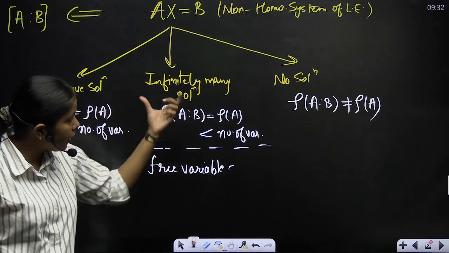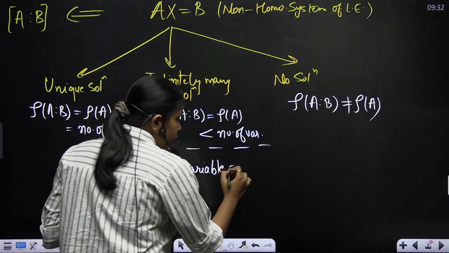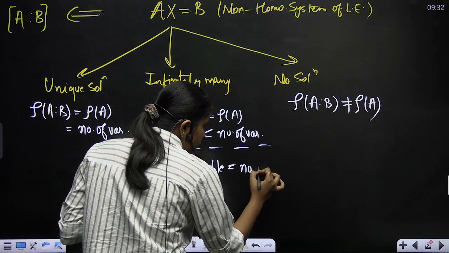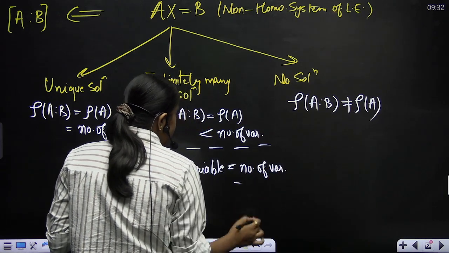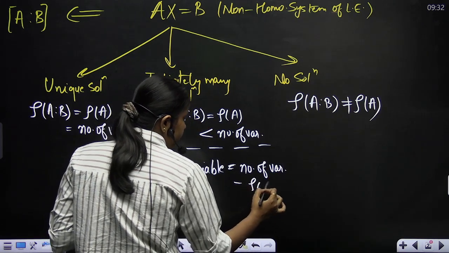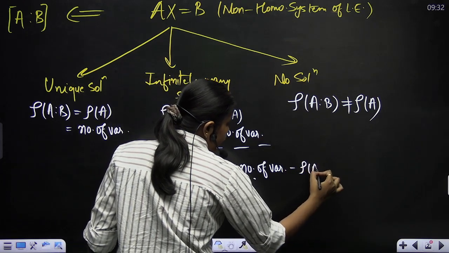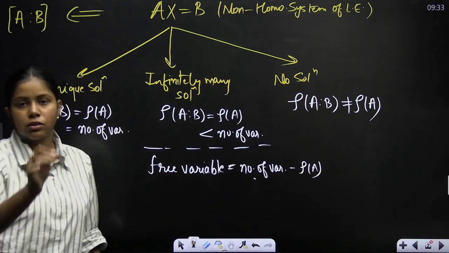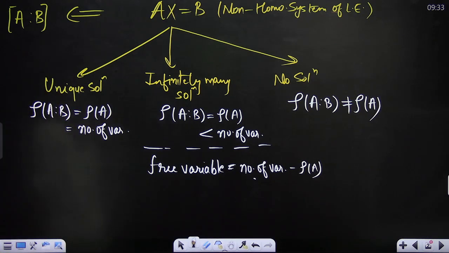So when we have infinitely many solutions, there is at least one free variable. And how many free variables do I have? The number of variables minus rank of A. So we are going to see questions based on that in today's lecture. Okay, so let's see one by one.